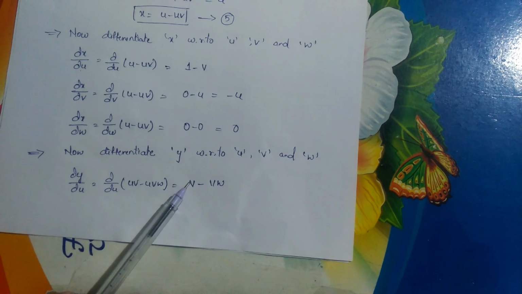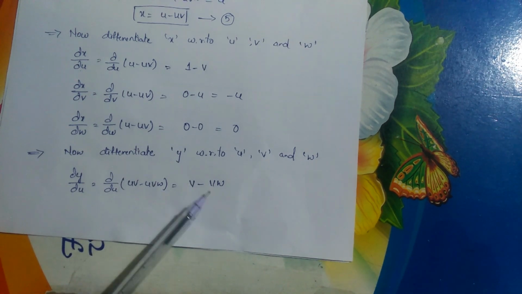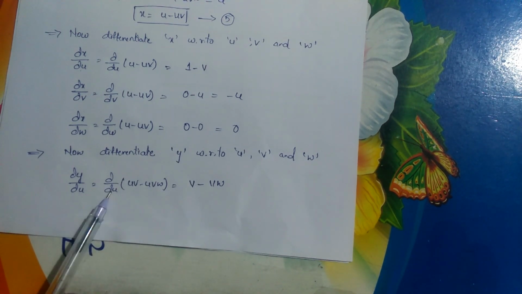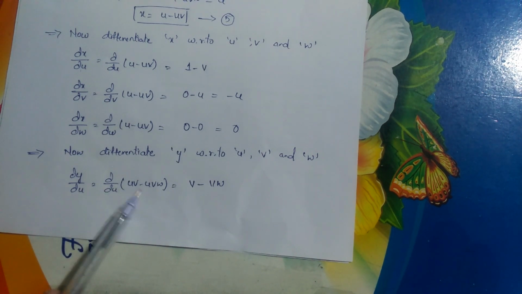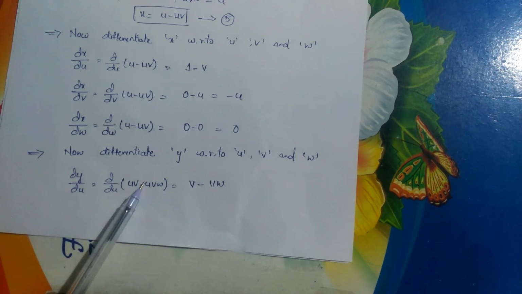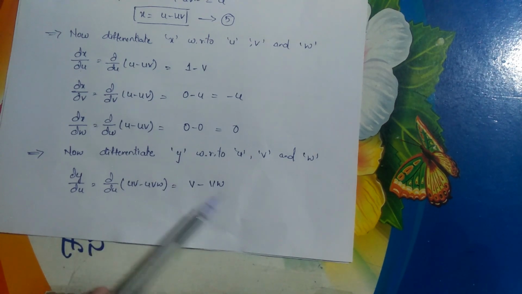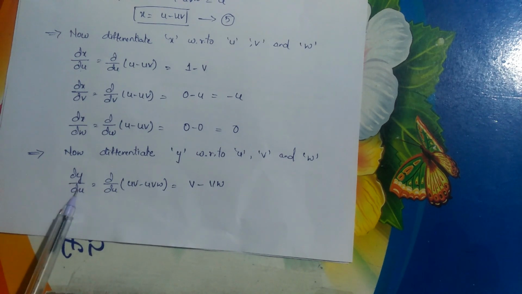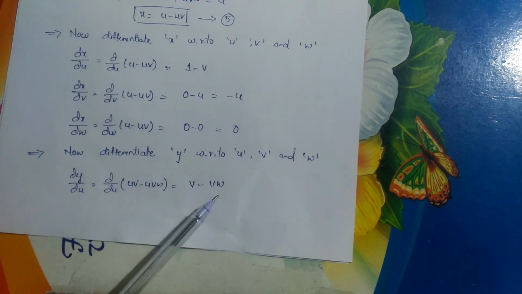So 1 into v is v, minus uvw with respect to u. What are the other variables here? v and w are the other variables, so they are treated as constants, write them as it is. Then u differentiated with respect to u is 1. So vw into 1 is vw. Then ∂y/∂u equals v minus vw.